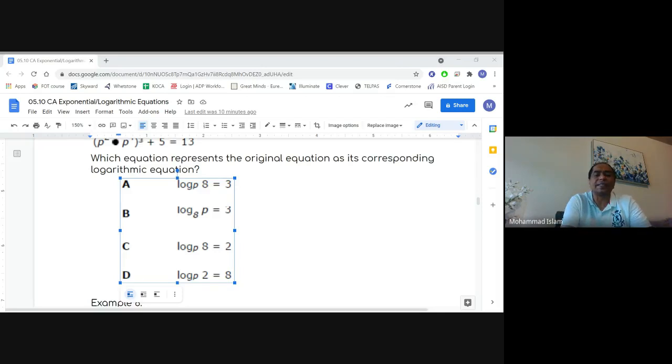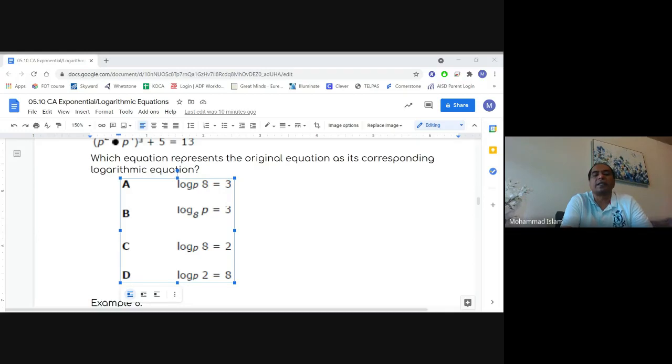In this particular case, when I look at the possible answers, I see that I have a log with the base p. So I should not actually have log with the base 10 here. I will just go with the log base p. I could go on and do this step, but there's no point because it doesn't lead me to one of the answers.